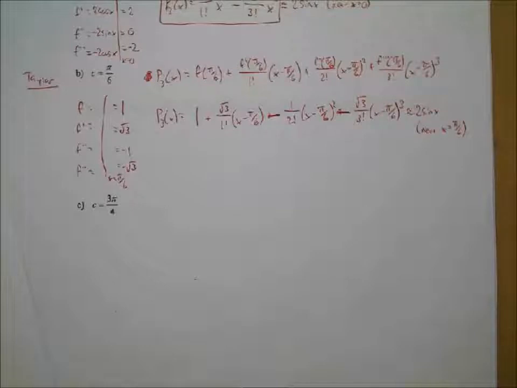Just be careful, right? 3 pi over 4 is in the second quadrant, so watch your positives and negatives when you're evaluating sines and cosines, right? Sine's positive in quadrant 2, cosine is negative in quadrant 2. So keep that in mind.